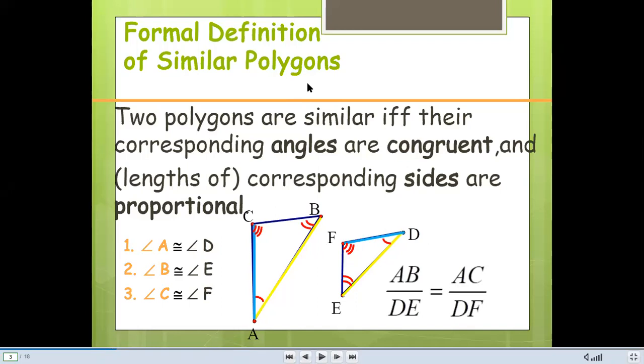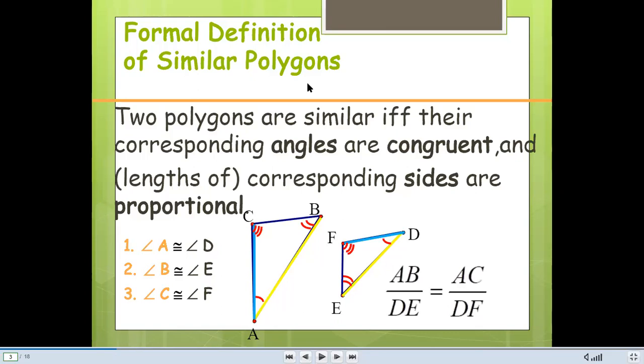I'm not talking about angles now, we are talking about sides. We finished two, and I want the third one.